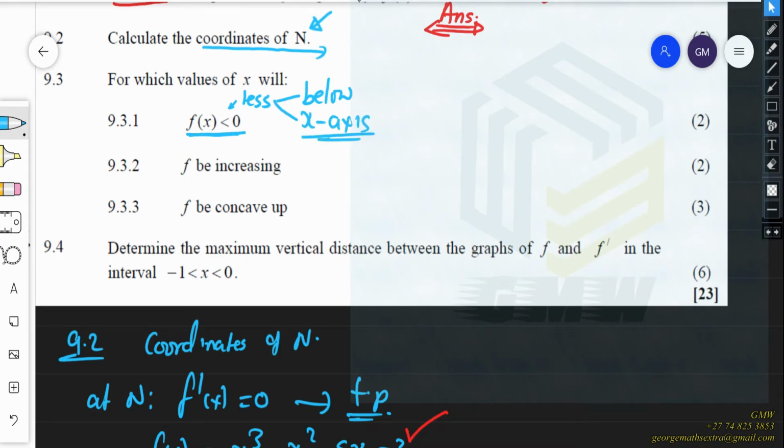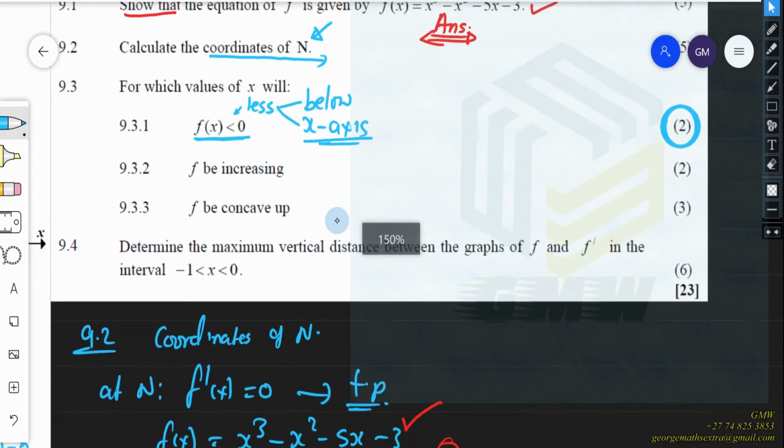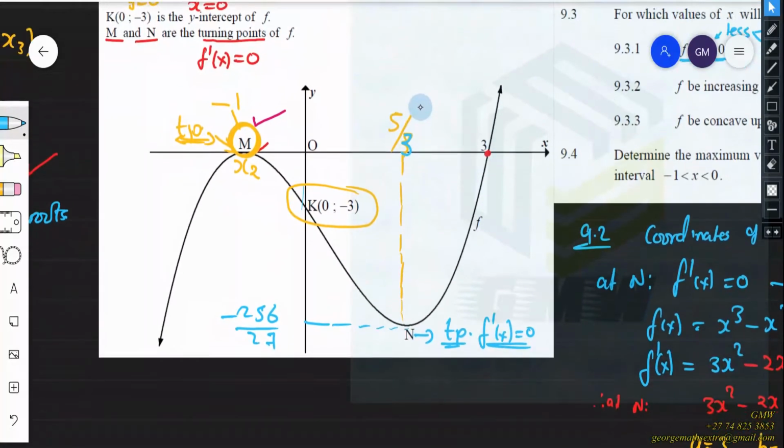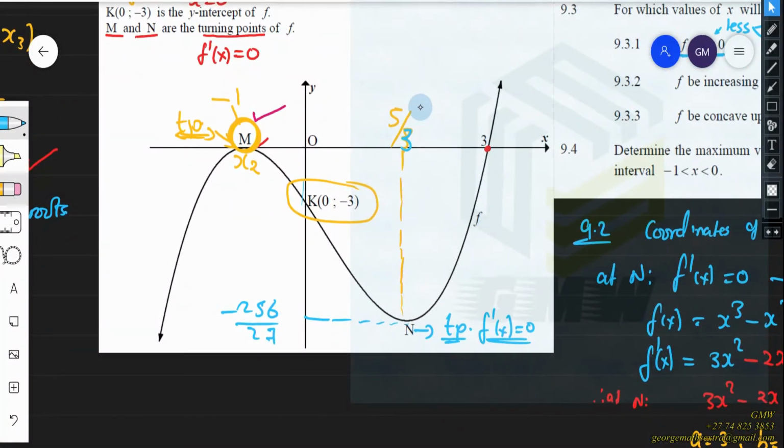So to answer this question, for 2 marks, we need to check the graph and see which parts of the graph are below the x-axis. So I'm going to erase some of the things I've written here to make things clearer. And here we got our -1 at this point.